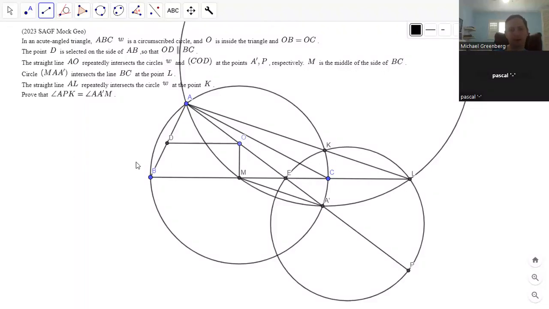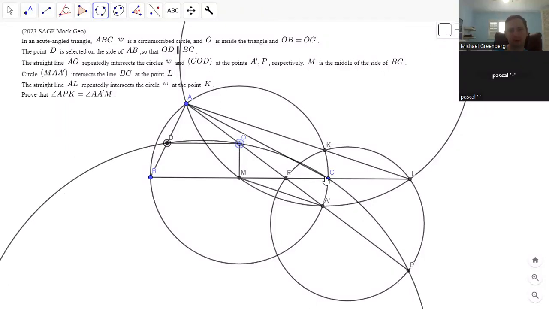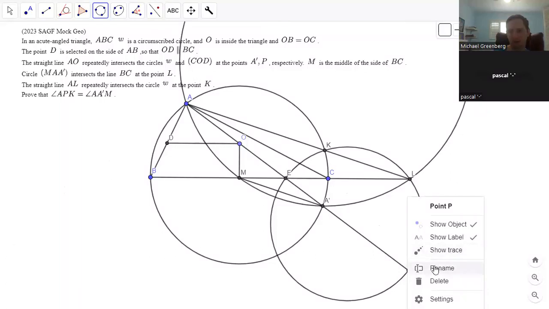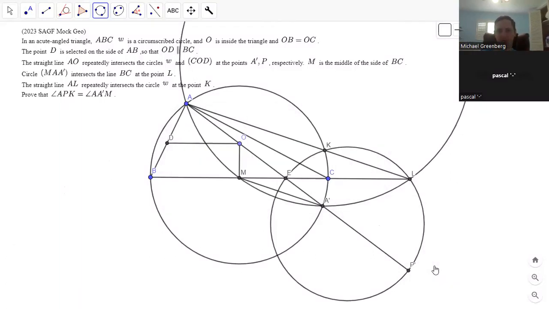And then we could try to show that DOCP is cyclic. So I could call this P prime. Somehow I think that's easier to think about. We want to show DOCP prime is cyclic.